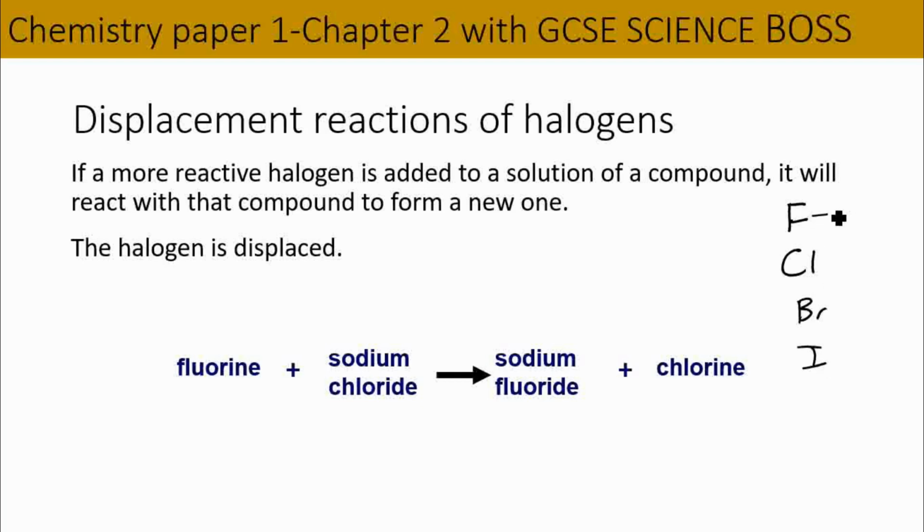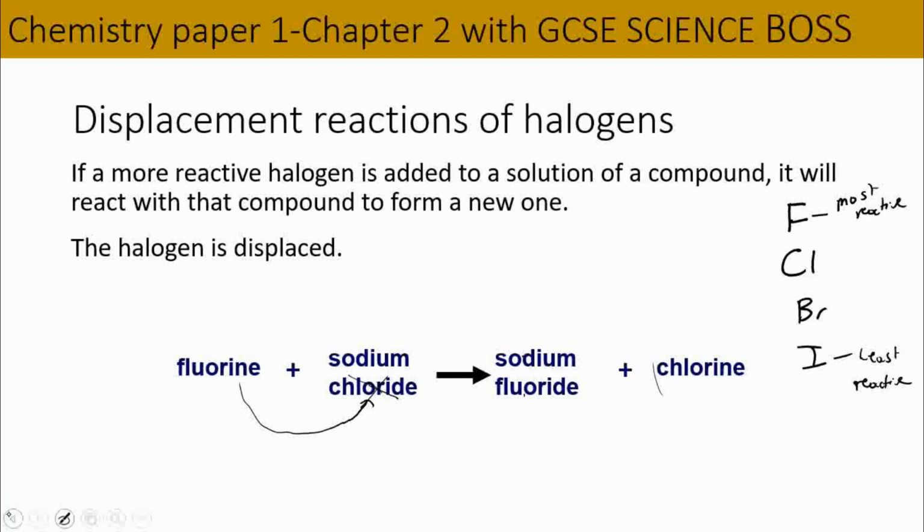All right, that one here is the most reactive in group 7, and this one here is the least reactive in group 7. Good. Fluorine can take the place of chlorine from the salt, and therefore it will form sodium fluoride, and chlorine is knocked off by itself.